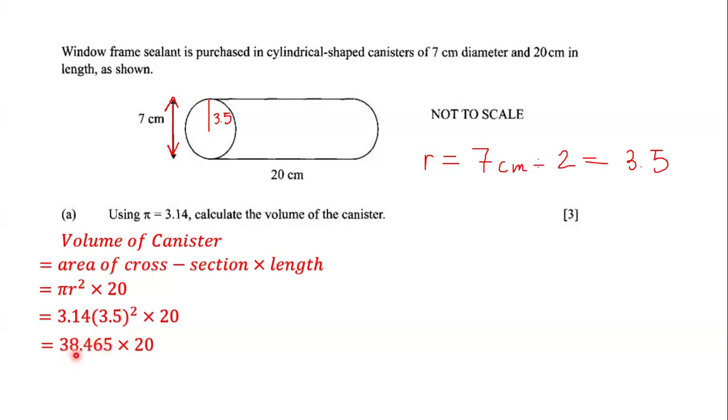Then we multiply that by 20, and we get 769.3 centimeters cubed. And this is the volume of the canister, 769.3 centimeters cubed.